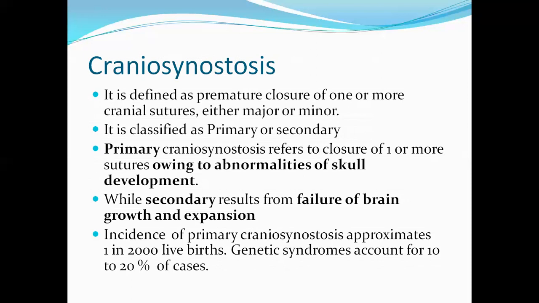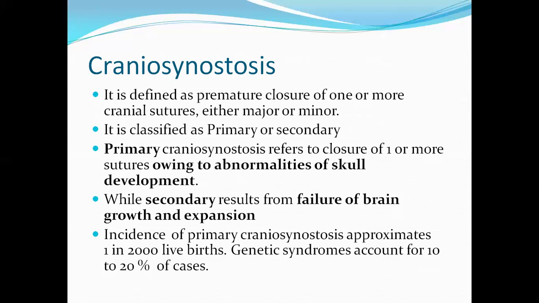It is classified as primary or secondary. Primary craniosynostosis refers to closure of one or more sutures owing to an abnormality of the skull wall, while secondary results from failure of brain growth and expansion.